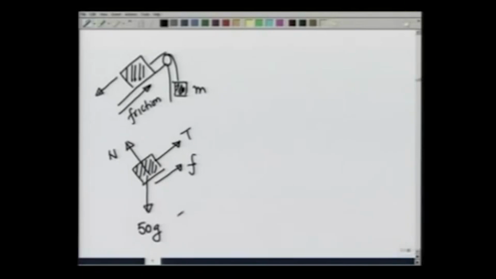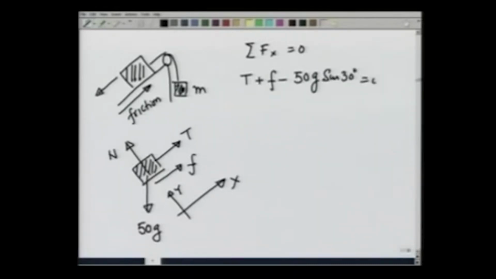Again, taking this to be the x direction and the direction perpendicular to the plane to be the y direction, summation Fx equal to 0 gives me T plus f minus 50 g sine of 30 degrees equal to 0.